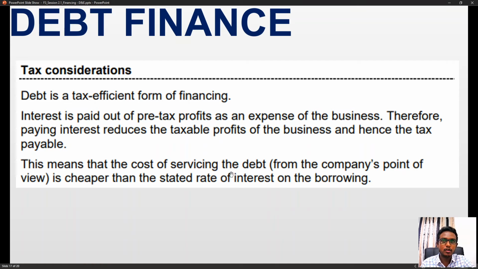This means that the cost of servicing debt from the company's point of view is cheaper than the stated rate of interest on the borrowing, because interest is tax deductible. That's why when you calculate the cost of debt, even for a loan, you multiply your interest rate by 1 minus t. That is to eliminate the tax because it is tax deductible. It's cheaper than the stated rate of interest on the borrowing.